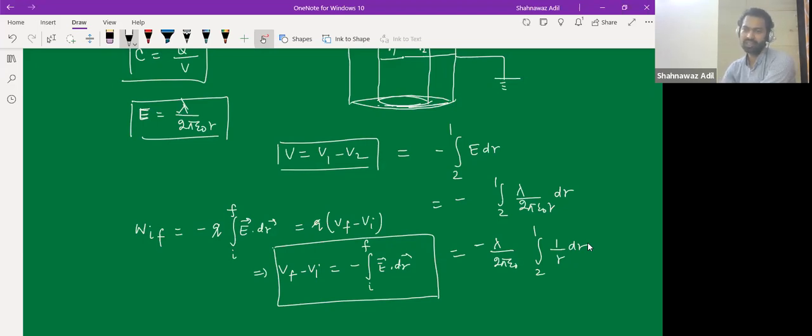What is the integral of 1 by x dx? So we did this a few questions before, right?